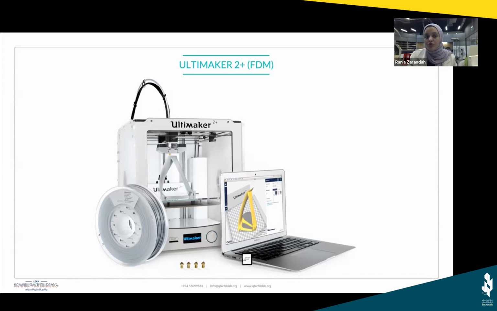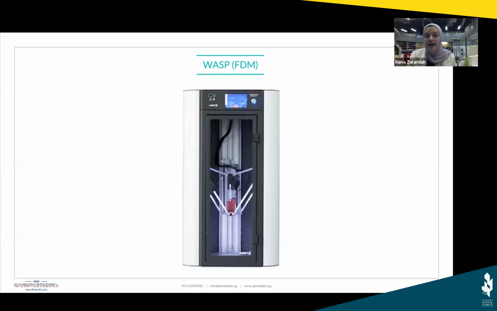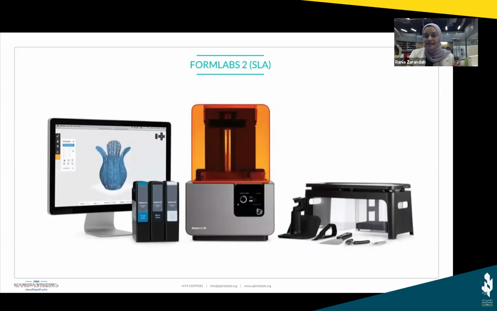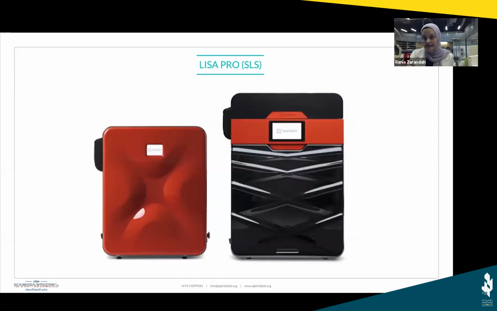We have this one, which is the FDM. We have this one, also an FDM technology, but it's industrial grade, meaning that you can print different kinds of sizes using this printer. And we have the SLA, and we have the SLS. I will explain each and every technology individually.